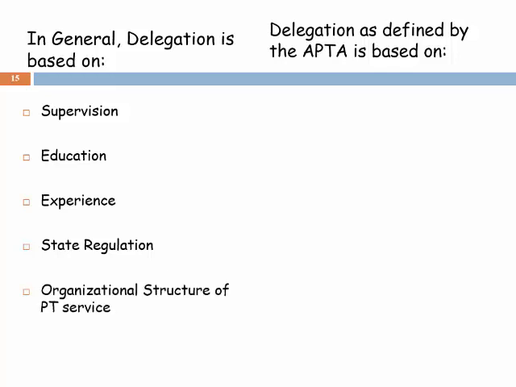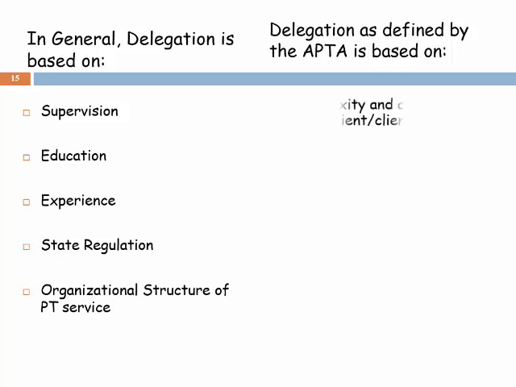Another factor is the organizational structure of the PT service. In all these cases, the PT is ultimately responsible for all aspects of the patient care. The APTA also defines delegation and factors that a PT may consider when delegating to a PTA.